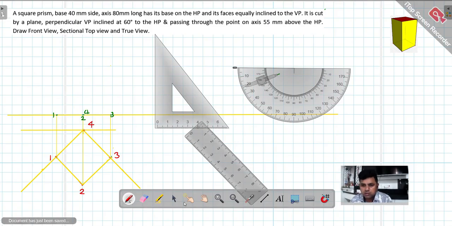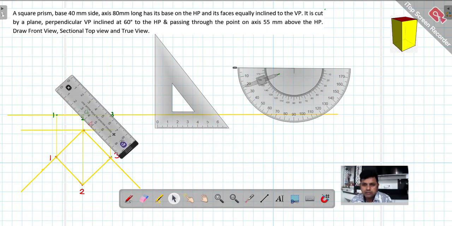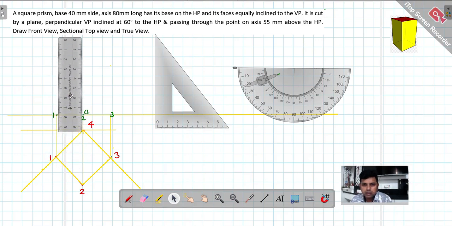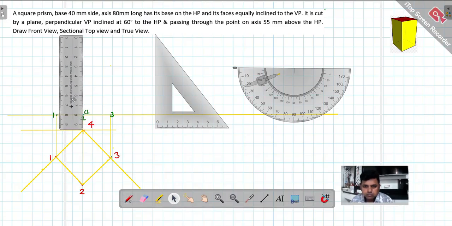Now I'm taking the scale, and the axis height is nothing but 80. So therefore, I'm plotting a vertical 80. Exactly 80, I marked. See if you can see the 80 on the second and fourth point. So with the help of the yellow color again, I will draw the axis which is passing from this, up to where the 0 will come.